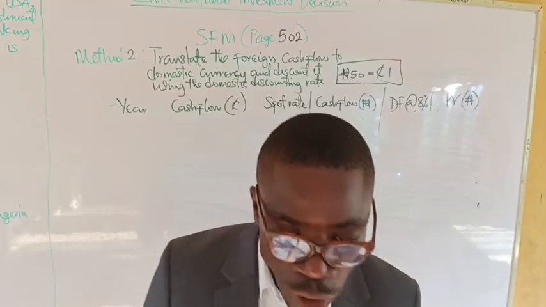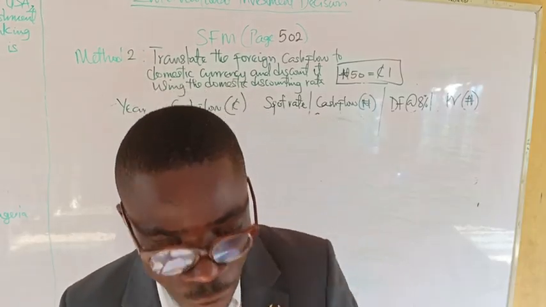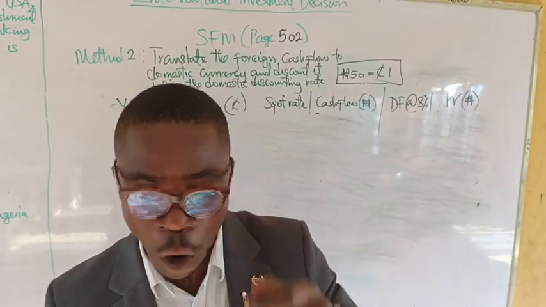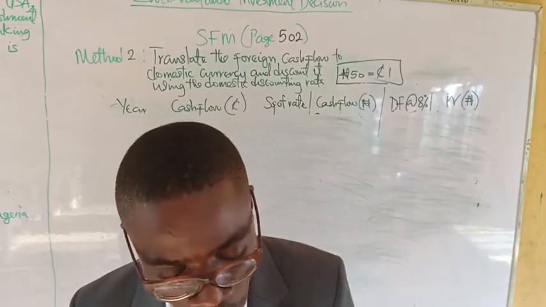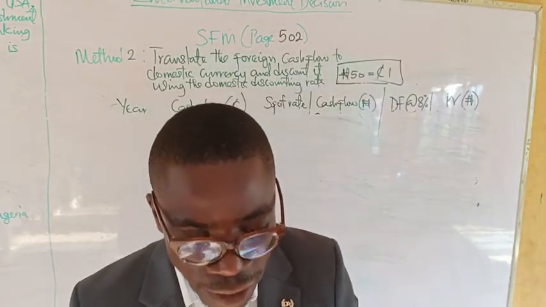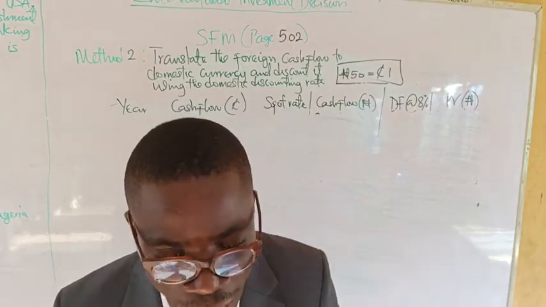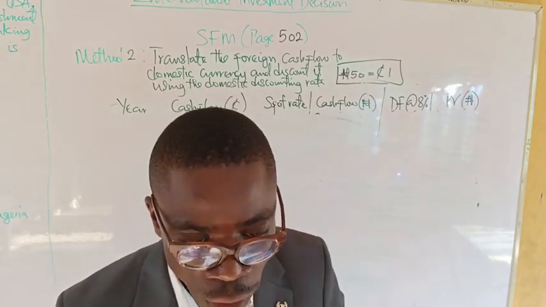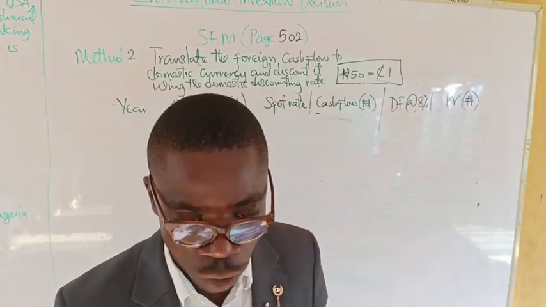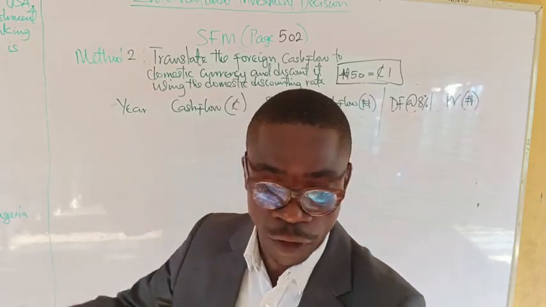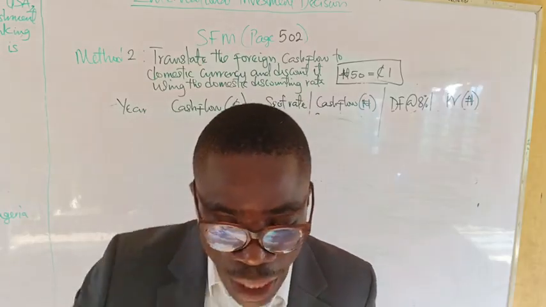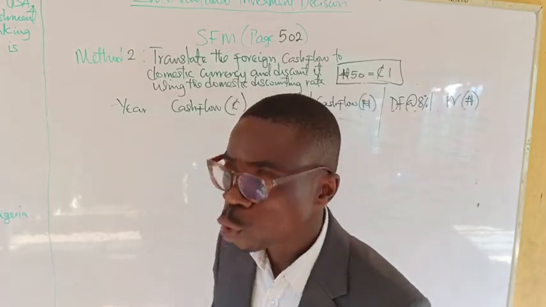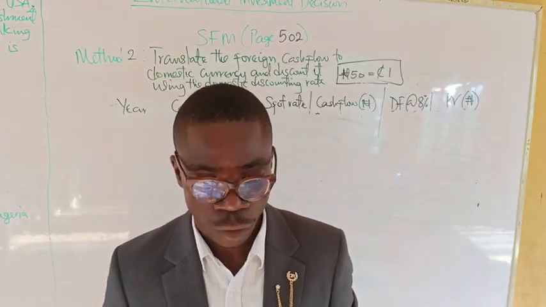They said the project will require an initial investment of 100,000 cedis and lead to cash inflow of 50,000 cedis per annum for the next 3 years. However, the Ghana government has imposed a complete ban on the remittance of the amount to foreign investors. That means the amount that a foreign investor can receive. He said this ban is expected to last for 2 years.